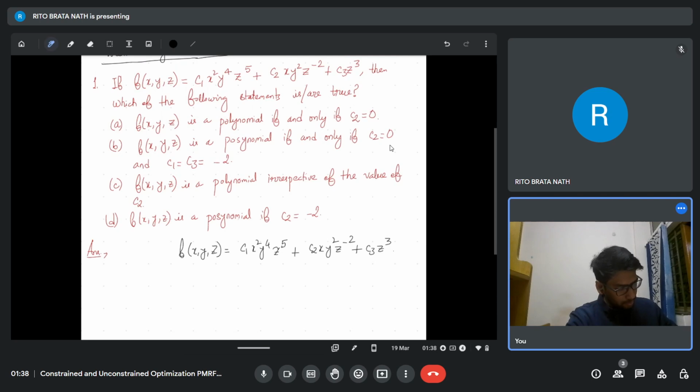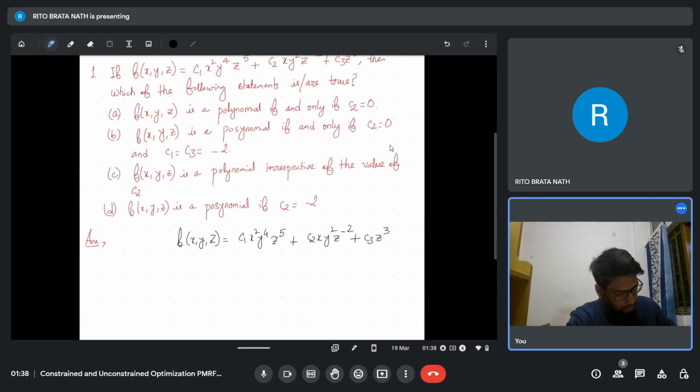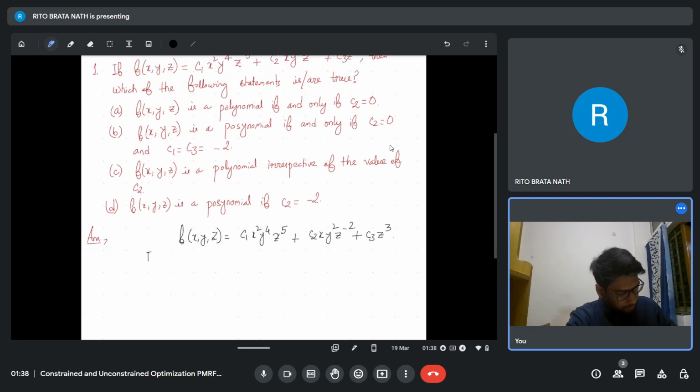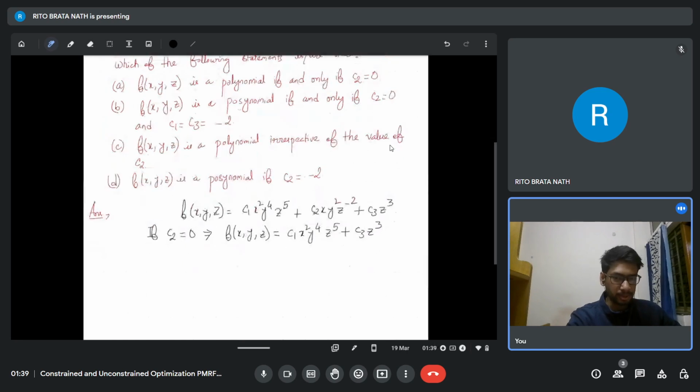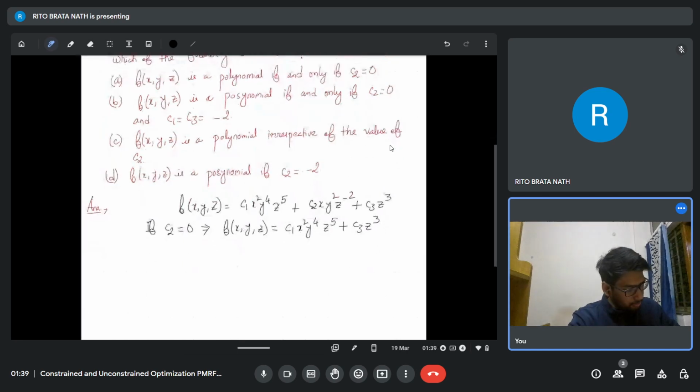Now if c2 equals 0, we get f of xyz equals c1 x square y to the power 4 z to the power 5 plus c3 z cube. So all the powers of these xyz terms are positive integers here. So this becomes a polynomial. So option A is true.